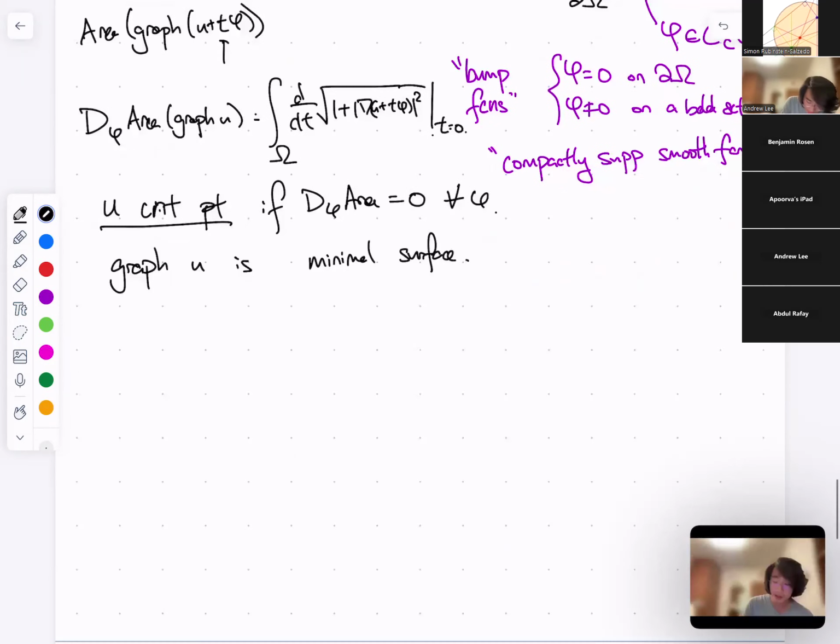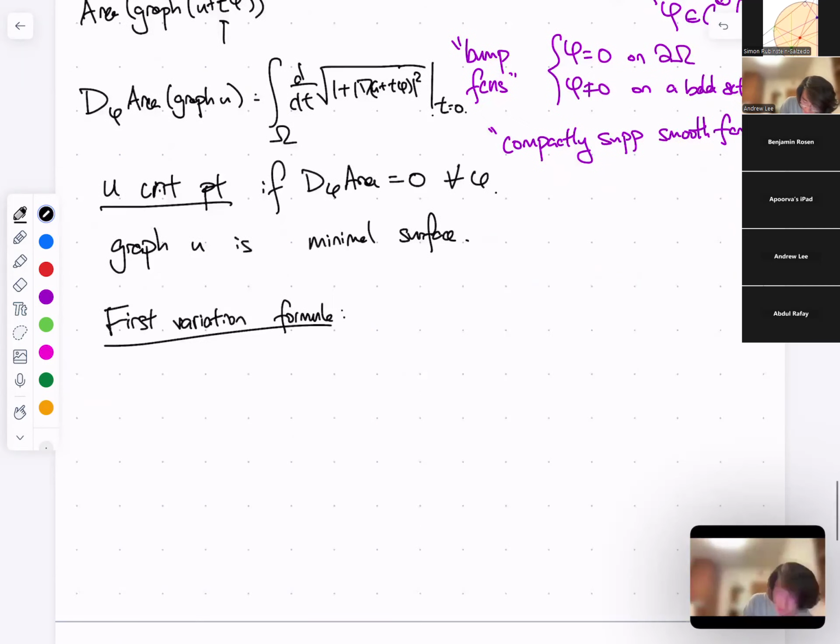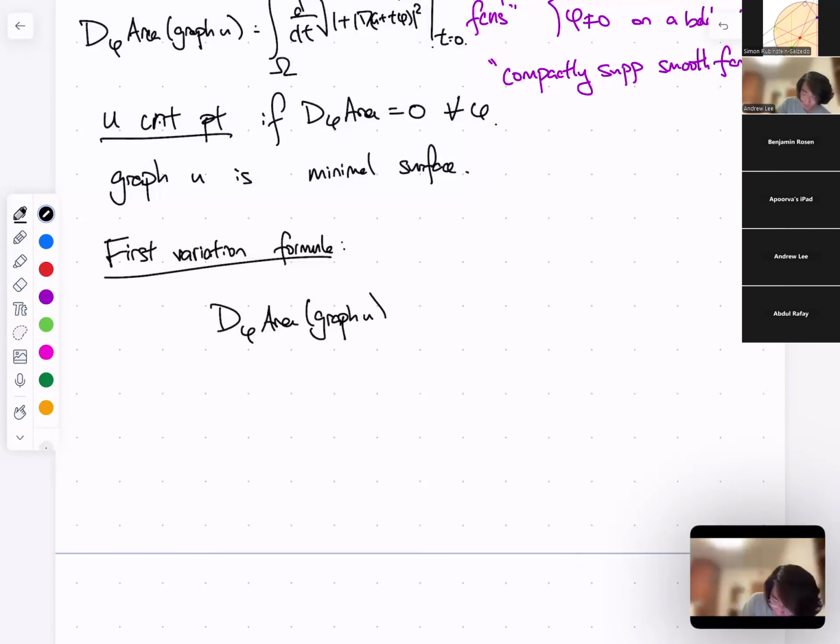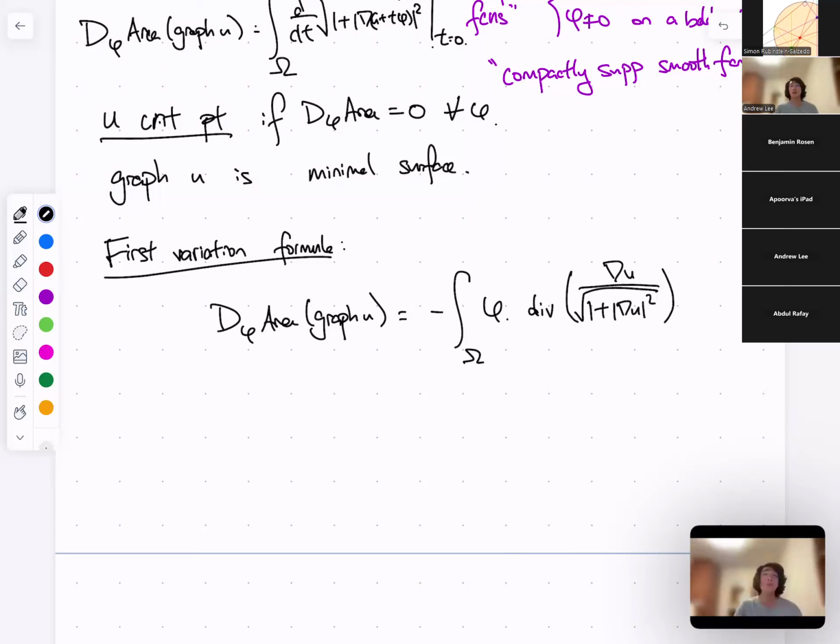And so there's this equation called the first variation formula, which says that if I take the directional derivative of the area at u with respect to phi, then this is actually minus the integral of phi times the divergence of the gradient of u over the square root of 1 plus the gradient of u squared.